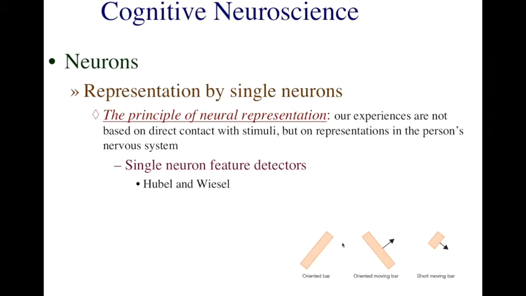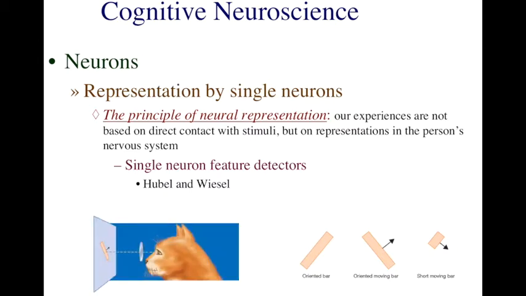And they were presenting different stimuli, oriented bars, or oriented bars that moved, or shorter bars that were moving, and so forth. And they were looking for cells in the visual cortex that would respond to these different stimuli. What they found was that there were specific cells that were finely tuned to a particular orientation, other cells that were finely tuned to a particular orientation for a bar that was moving.